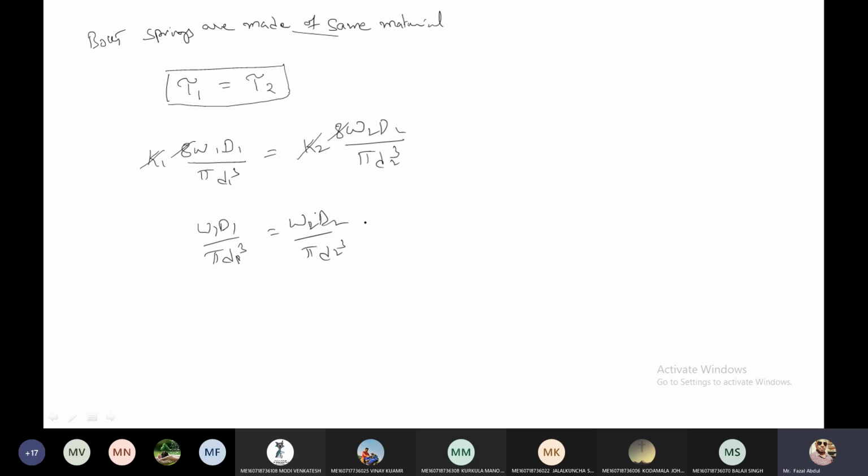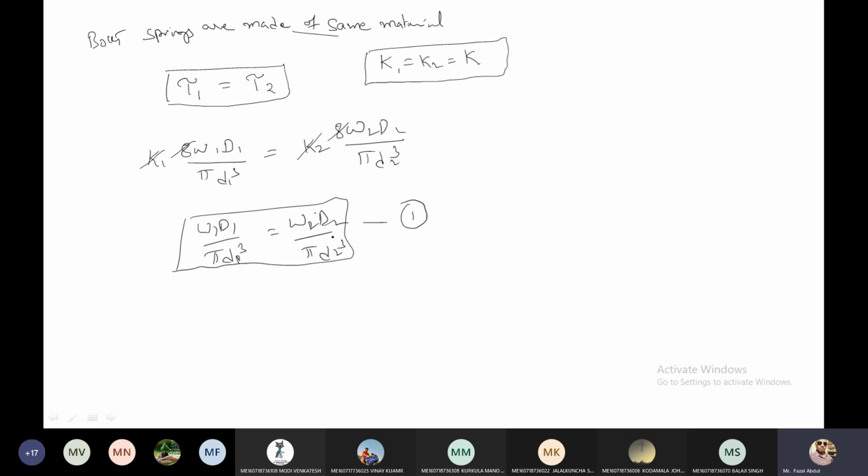Consider this the first equation. This equation is used when any one of the parameters is unknown. Suppose K is equal for both the springs, then K1 and K2 get cancelled, since both have the same assumed value.